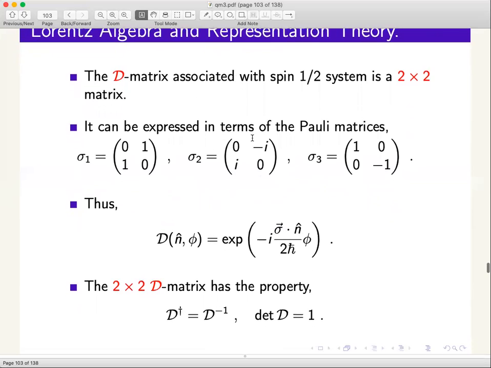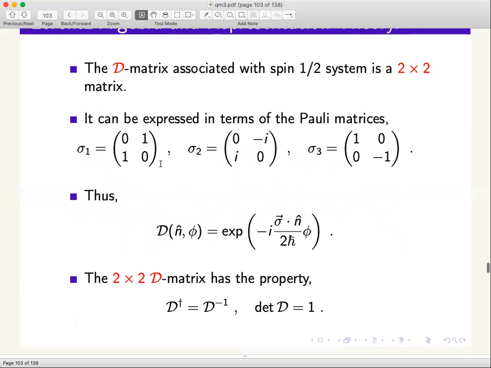Now we know the properties of Pauli matrices: they are Hermitian. So if you write down e to the Hermitian matrix, then we know the exponential of a Hermitian matrix behaves like a unitary matrix. Therefore these D matrices that we have written down are unitary. That means if you take a dagger of them, D dagger is equal to D inverse.